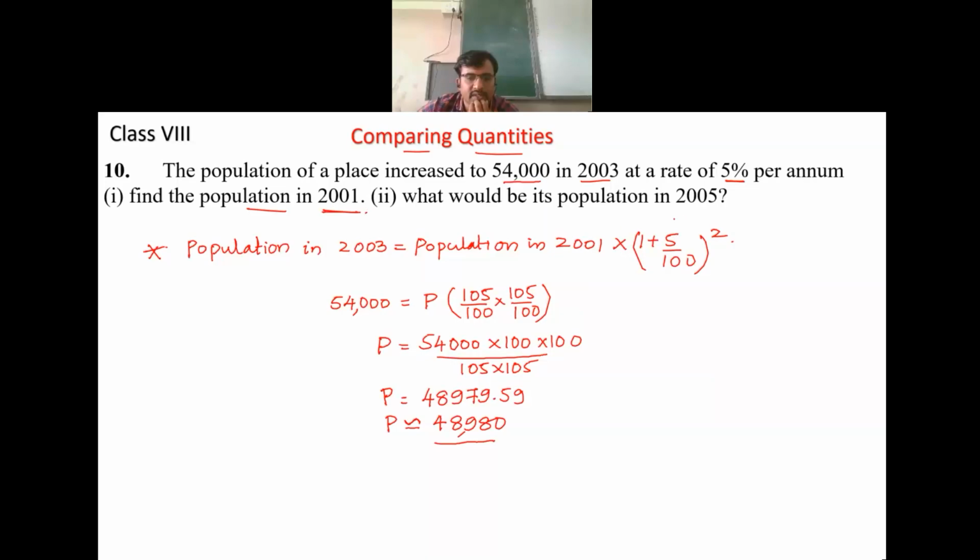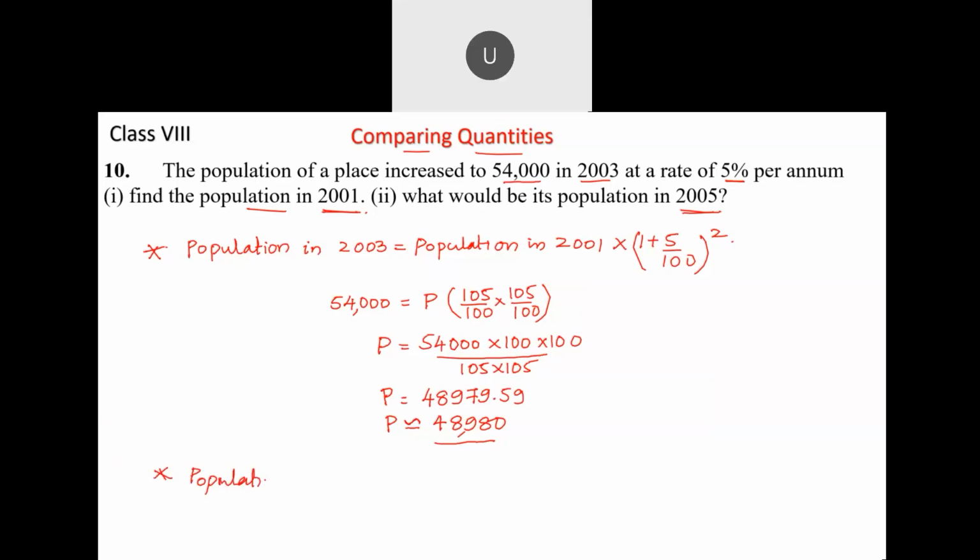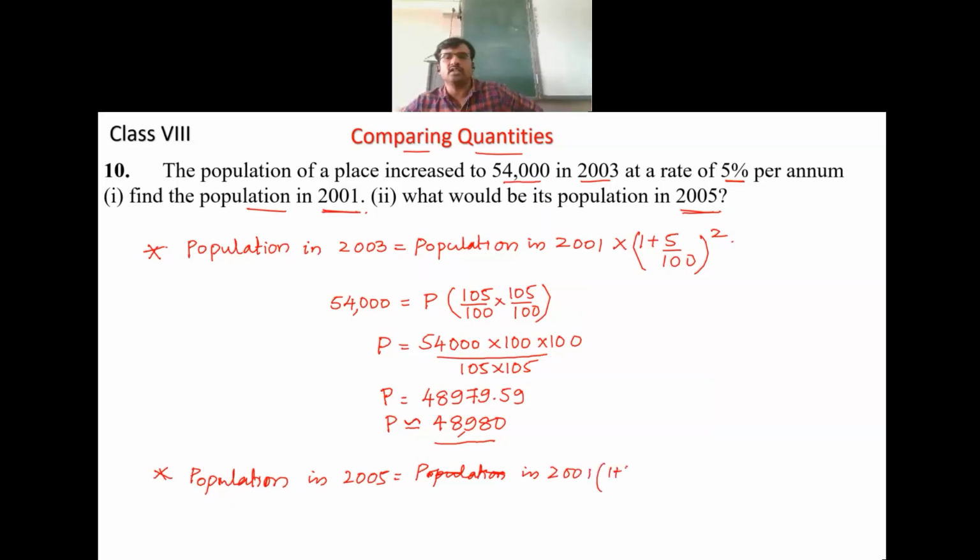Now, how do we calculate for 2005? The same method can be used, but there will be 4 years. If we are using the same method, population in 2005 is equal to population in 2001 into 1 plus 5 by 100 to the power 2.